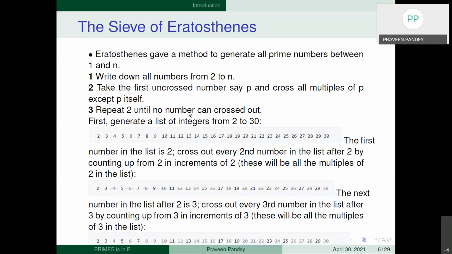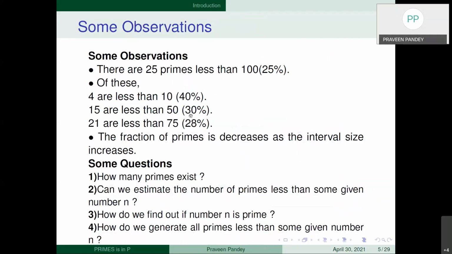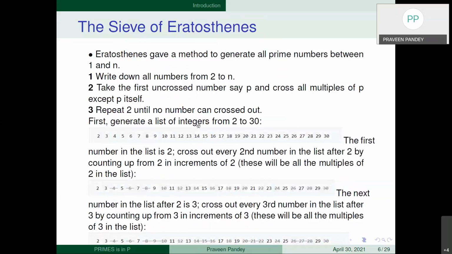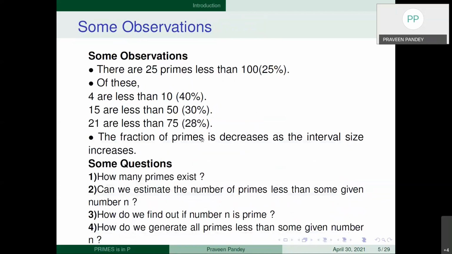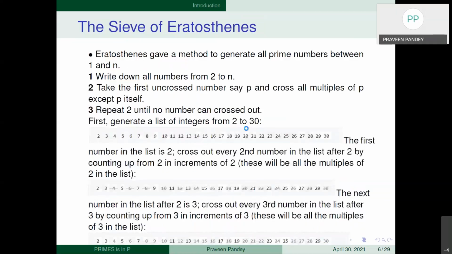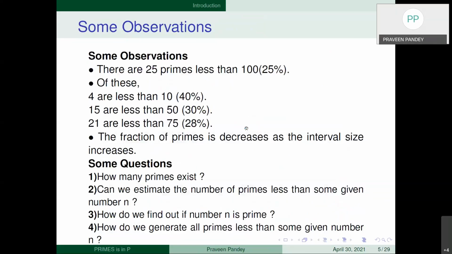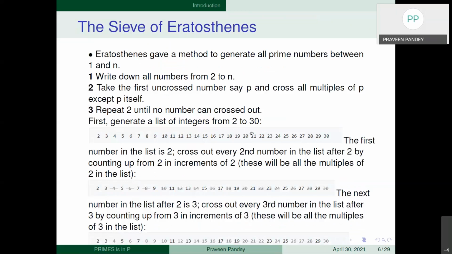So let's look at the first question. Primes have been of interest to mathematicians right from the beginning. Ancient Greeks used them in great detail, and some of the earliest results came from them.